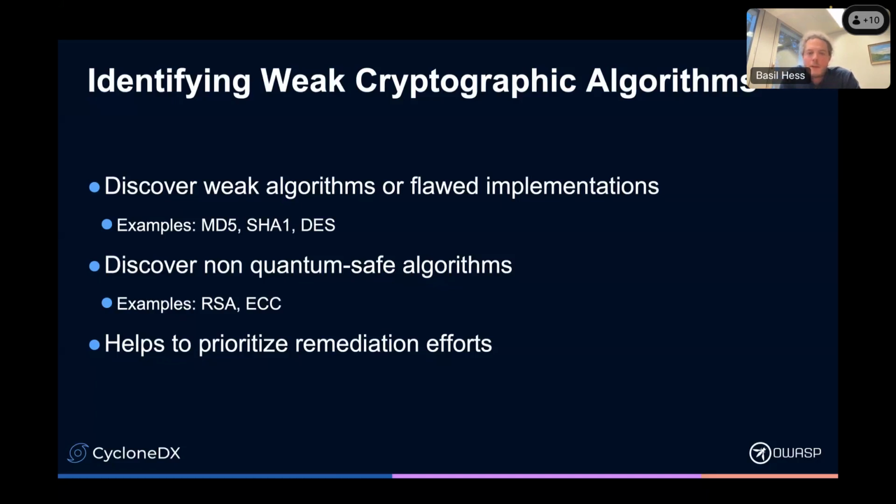So the migration to those new algorithms that are actually quantum safe is a major undertaking. So we need to be able to capture algorithms that are not quantum safe, and having that captured helps in coming up with a prioritized remediation list about what needs to be migrated and remediated.